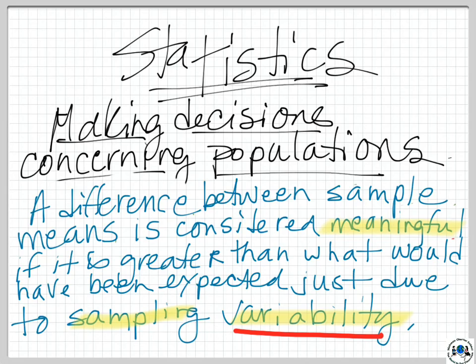Is this difference, and here's this difference idea again, between these two samples, let's talk about a new drug, is the difference between the way the group that was getting the drug responded and the group that was not getting the drug responded, is that difference meaningful beyond sampling variability, beyond the fact that maybe some of the people who were getting the drug were healthier to begin with?